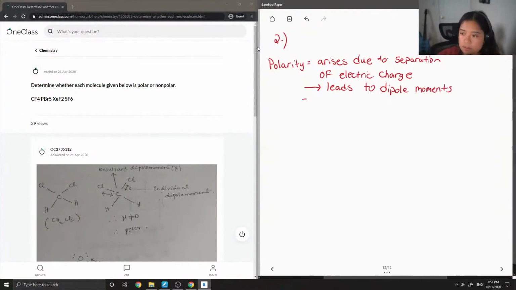And usually this happens when one side of the molecule is slightly positive and the other side is slightly negative.